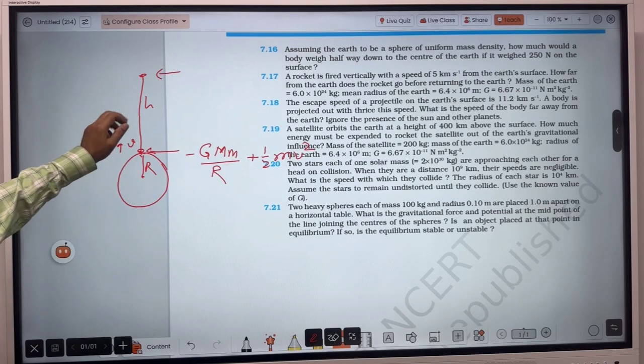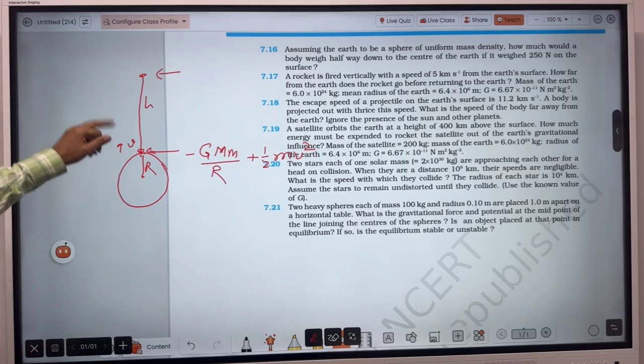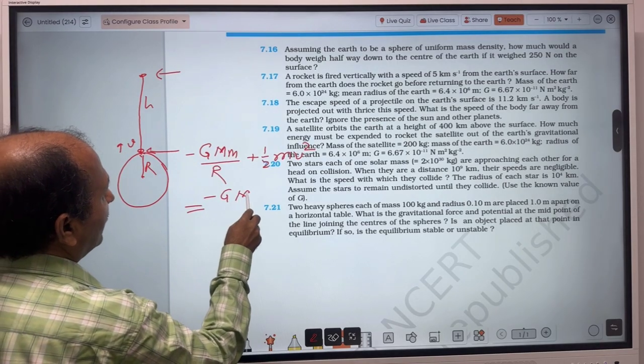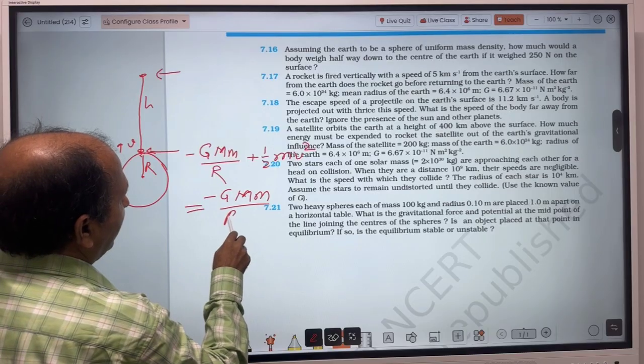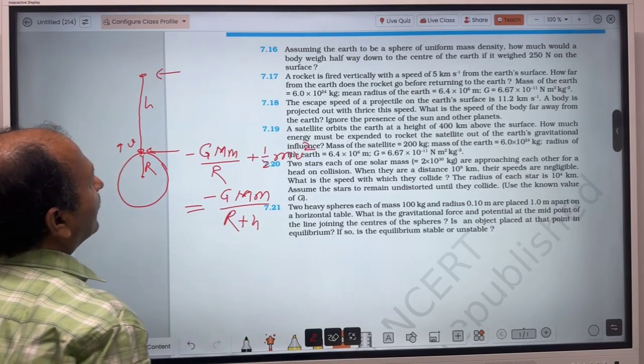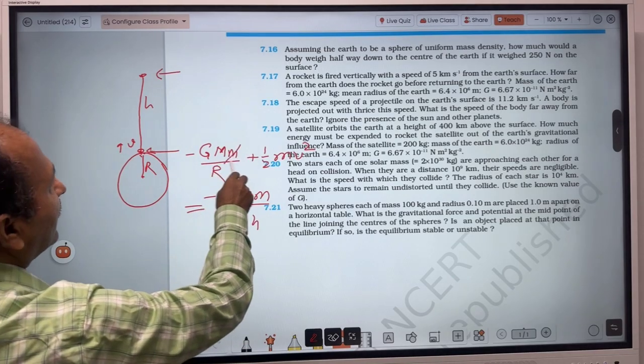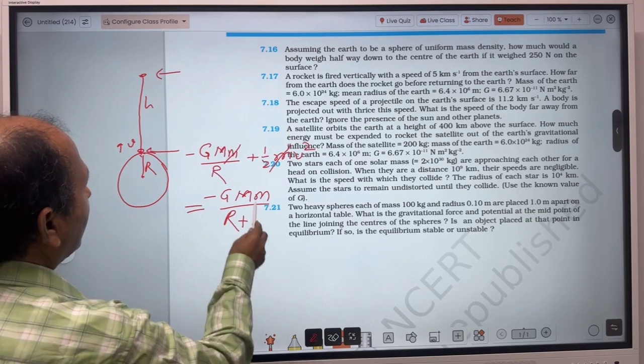At the top point there is no kinetic energy, but potential energy will be there. So this must be equal to minus GMm divided by (R plus h). Now we have to find the value of h.